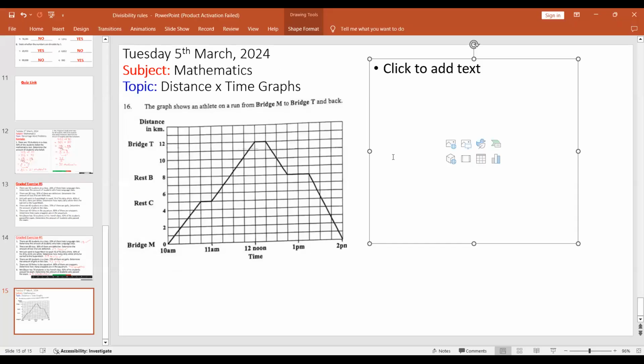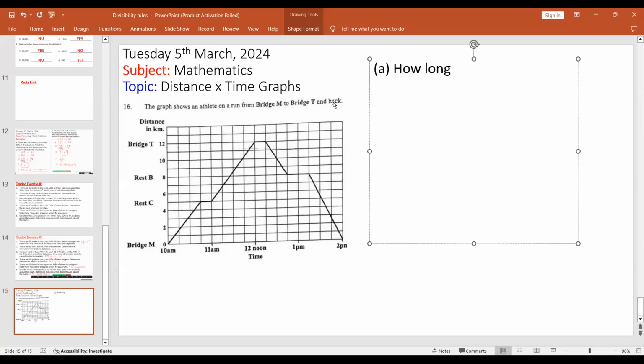Okay, by the way, make sure you draw this graph, and we're going to answer the questions based on this graph. Let's begin. The first question is a very simple one. Question part A: how long?